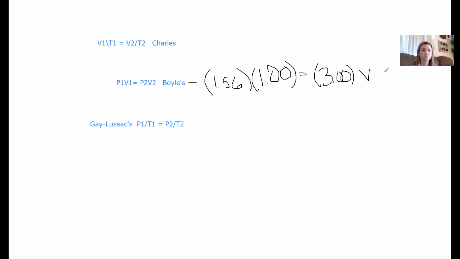What do I have to do to this problem to get V all by itself? I'm going to divide both sides by 3 atmospheres. So my atmospheres are going to cancel out, and I'm going to be left with liters.